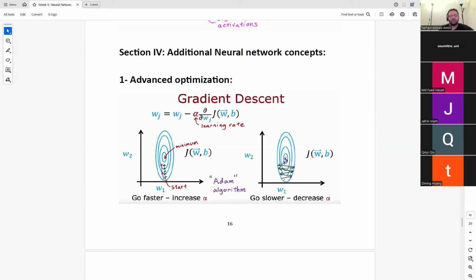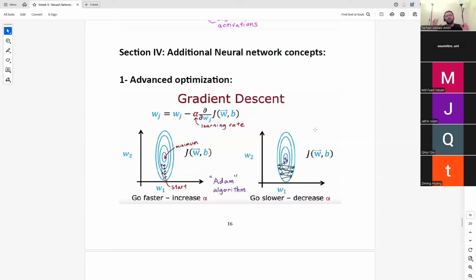You see, there are a lot of large steps going back and forth, left to right. Don't you think that if you decrease your step size by decreasing the learning rate alpha, you can reach the minimum point faster? Yes, you can do that.